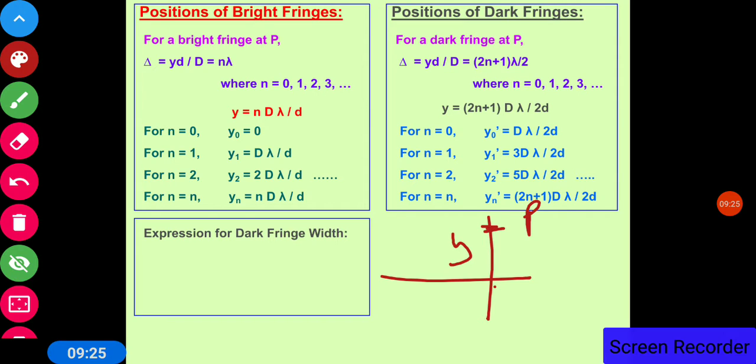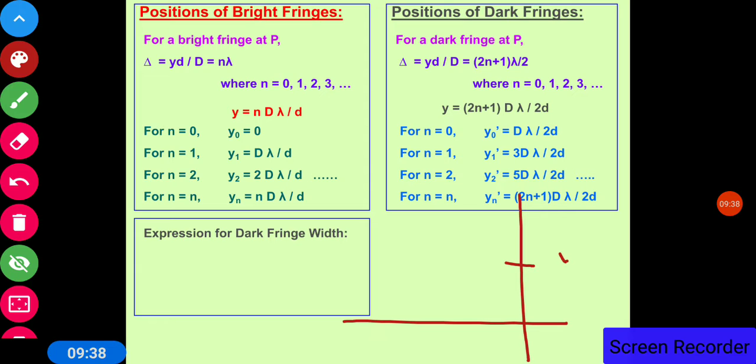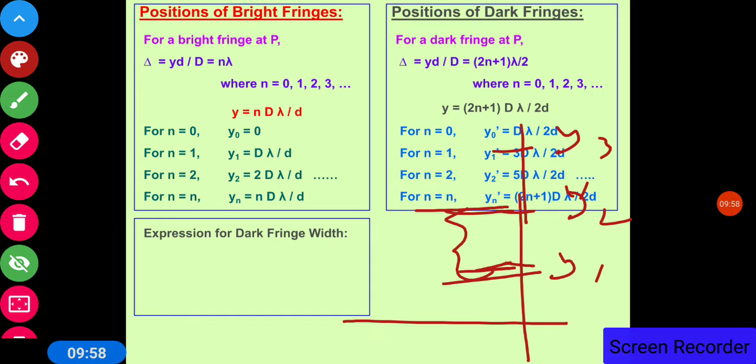Now if y0 is the position of the center fringe, this is y1, y2, y3 and so on, means this is the position of the bright fringe, y2 is the position of the second bright fringe. If you find the difference between these two, because here you are getting bright, here you are getting bright, so in between you will get a dark.